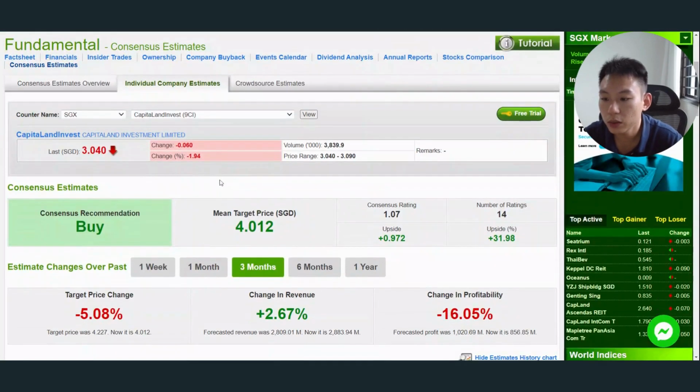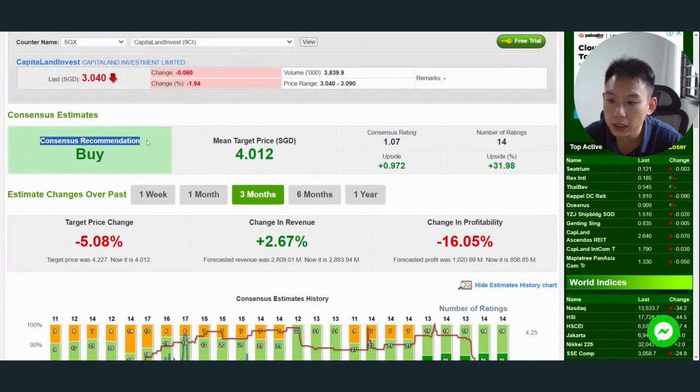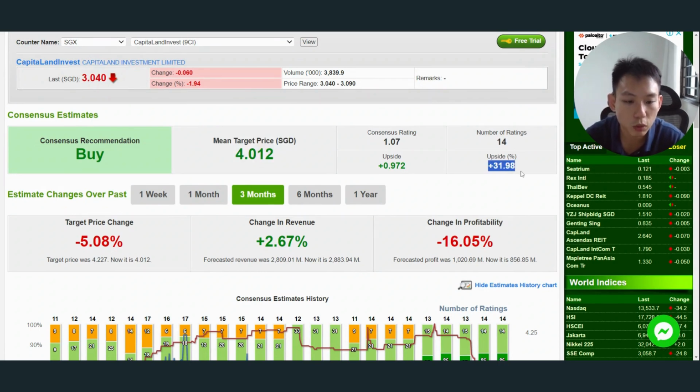All right. So the current share price is $3.04, and the analyst has a recommendation of buy with an average target price of $4. So that translates to around 32% potential upside. Okay, so this is based off 14 analyst ratings.